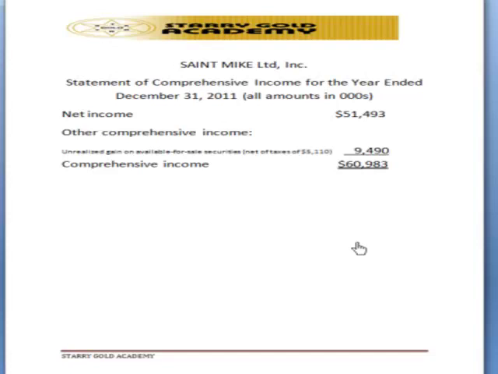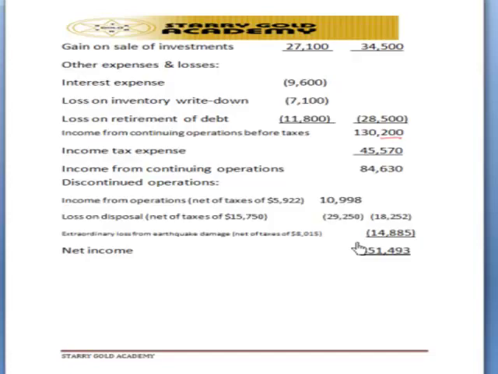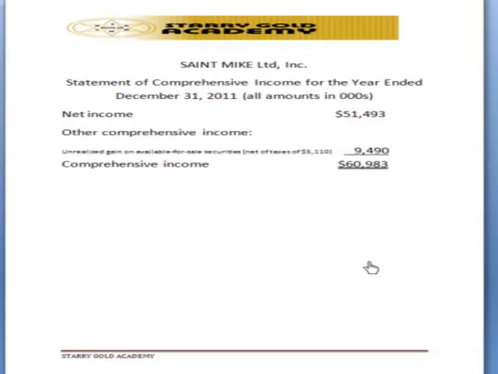Then we have the statement of comprehensive income. It is split; it is not combined together. So the statement of comprehensive income for the year ended December 31st, 2011, also in thousands. You can see the net income that was arrived at from the profit or loss statement, 51,493, will come in as net income.